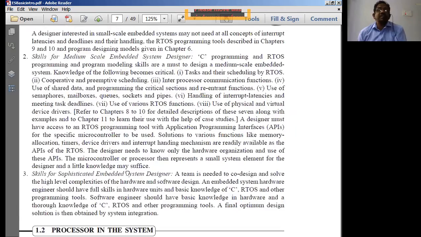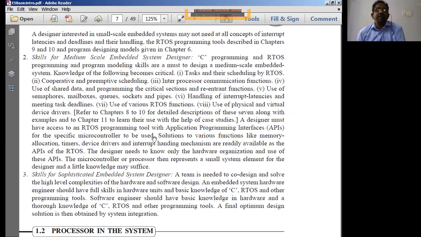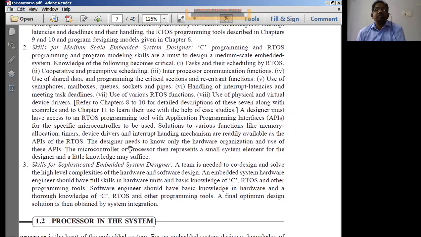Then obviously, the skills required for the medium scale. When it comes to the medium scale, latency and time criticality come into the picture, because as the system components increase, the software used also increases.